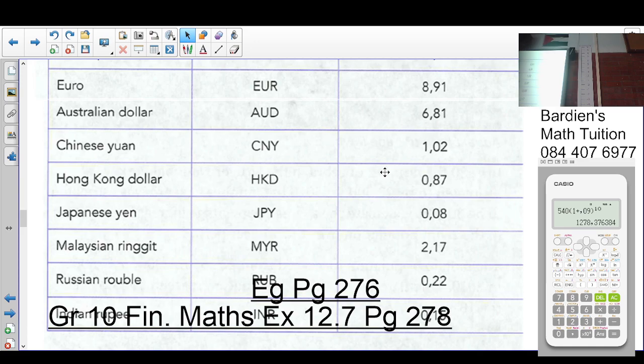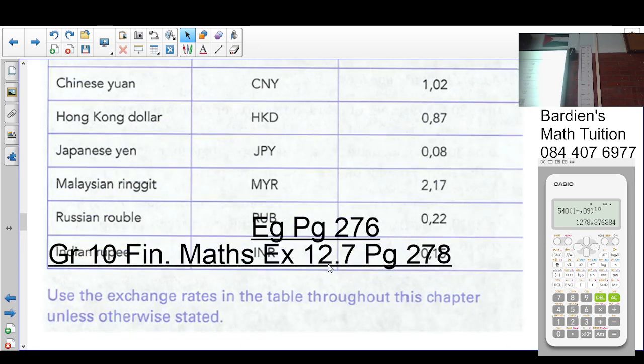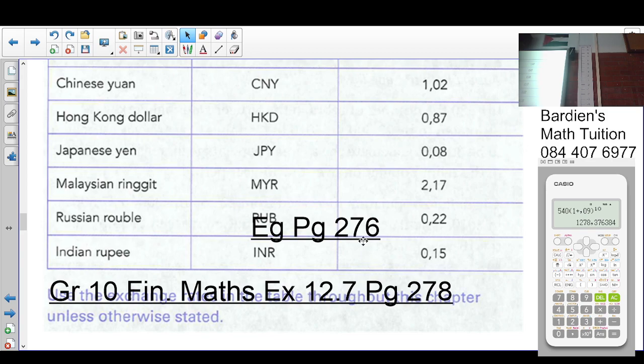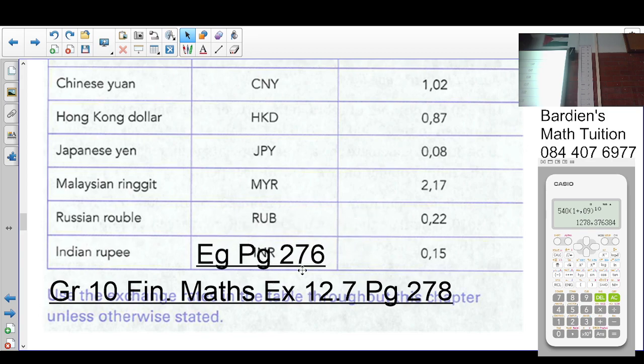The Hong Kong dollar: if you pay 87 cents, you'll get one Hong Kong dollar. Japanese yen, 8 cents for 1 yen, which means we could have a good time with our money. The Malaysian ringgit, 2 rand and 17 cents for one, and so on and so on.